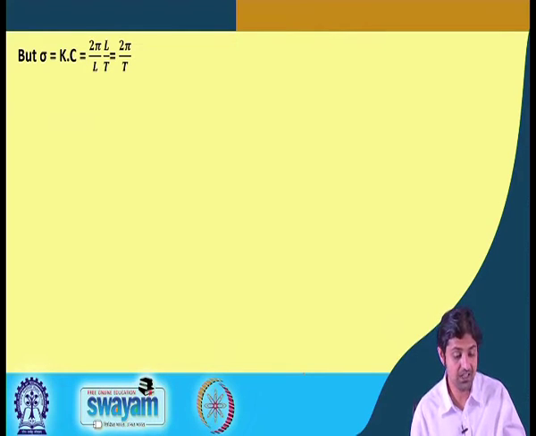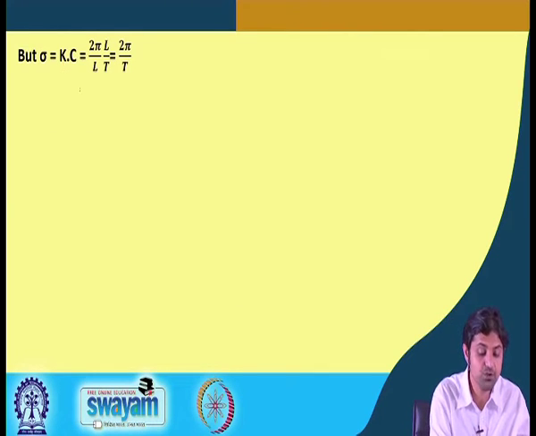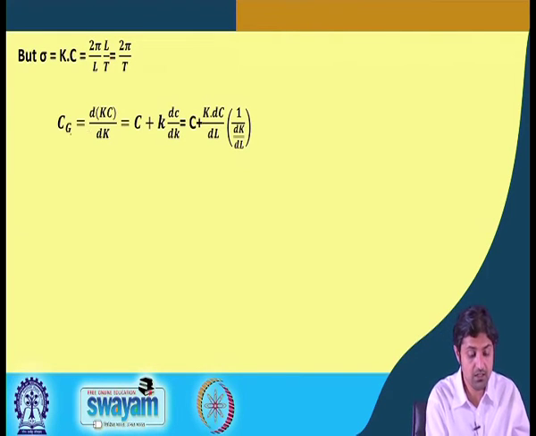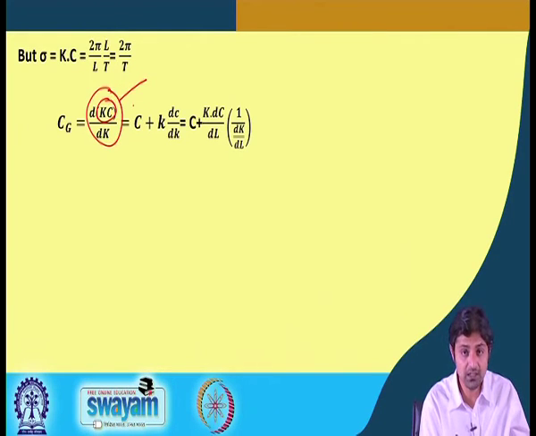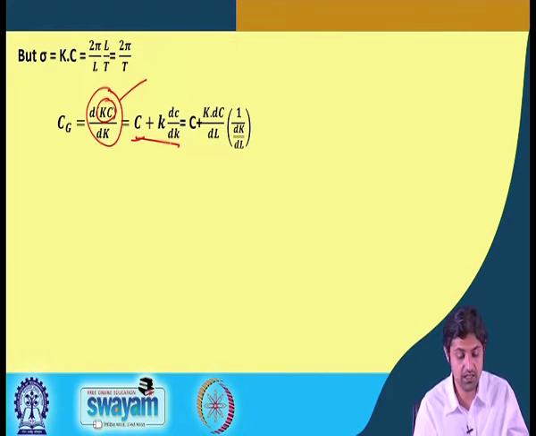But sigma is what? Sigma can be written as k into c, that is 2 pi by L into L by T. So Cg will be d of k into c by dk, instead of sigma. If we differentiate this using the chain rule, d(ab) equals a db plus b da, we obtain c plus k dc by dk.